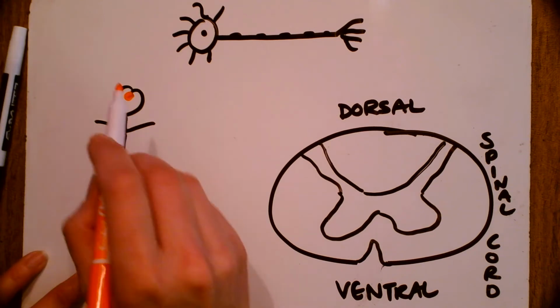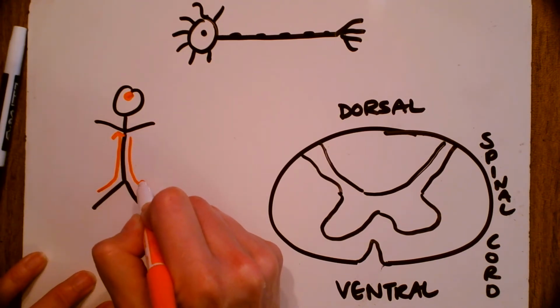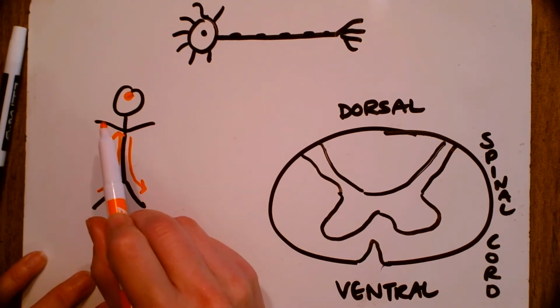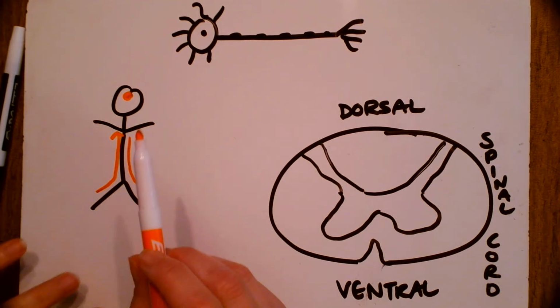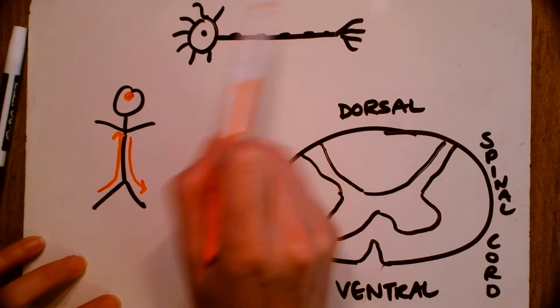Those are sensory. And motor are only going from the spinal cord out to your muscles. So those would be motor nerves. Can you have nerves that have some sensory going in and some motor coming out? Yes. And those are called mixed nerves. So nerves are bundles of cells. It's not just one neuron, it's a whole bunch of them.